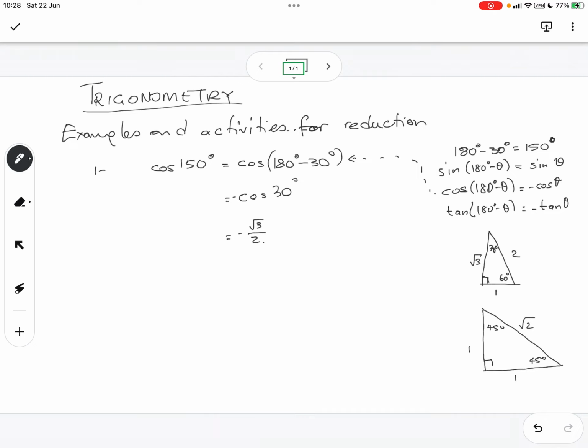Okay. One other Jamboard now. All right.